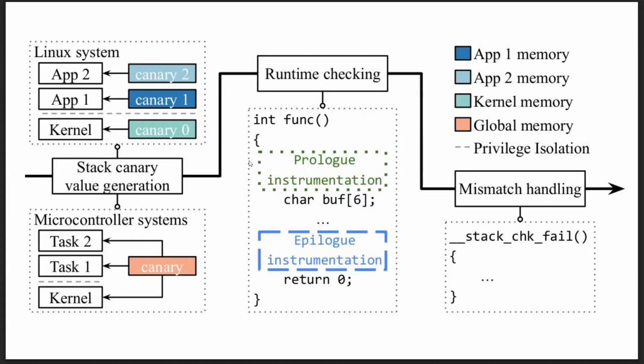The reason is those systems do not really have the concept of process. So the Canary is generated when that microcontroller boots, and the microcontroller may stay there running forever. There are many ways for you to extract the Canary from embedded systems, and it never gets changed. For applications, at least every time you run it will be different.